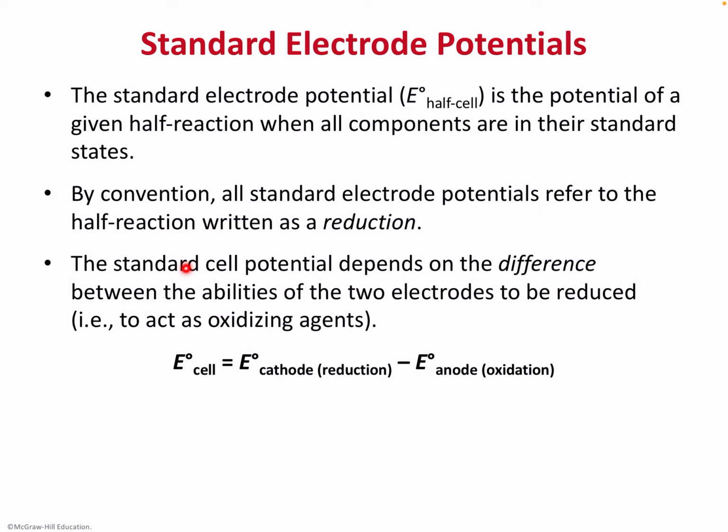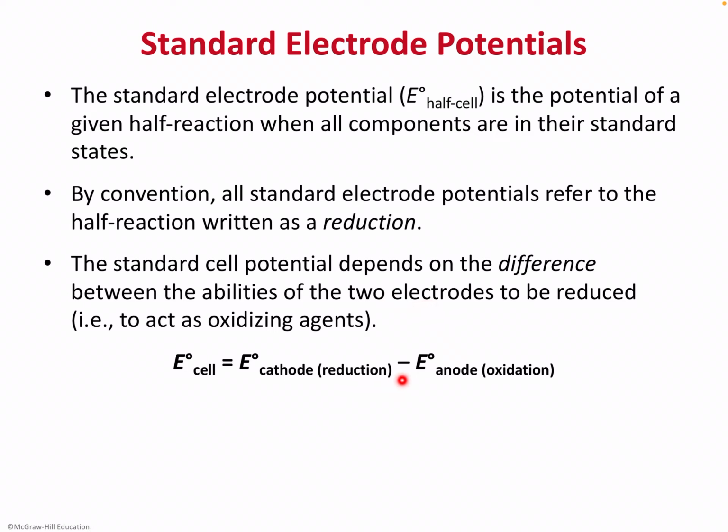The standard cell potential depends on the difference between the abilities of the two electrodes to be reduced, that is, to act as oxidizing agents.